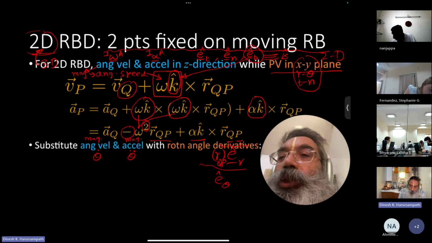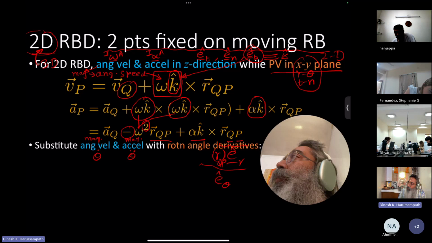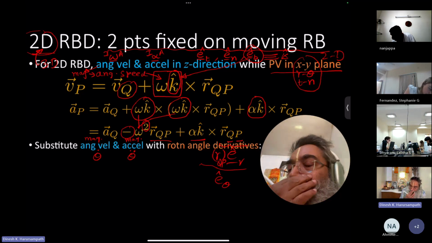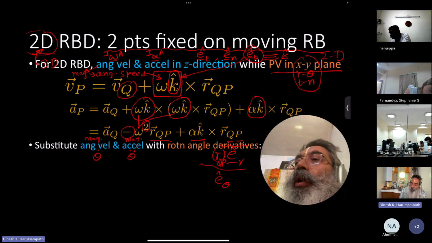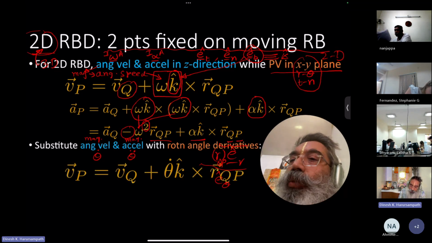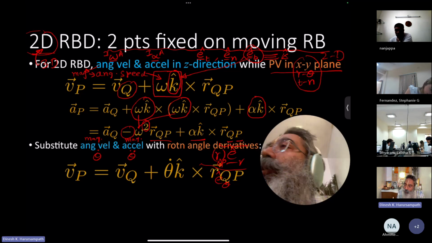All right. So it's only one particular rotation that we are interested in, which is about the k hat direction. So we just replace omega as theta dot and alpha as theta double dot. When we do that, it's quite straightforward to see that this is what we would get.